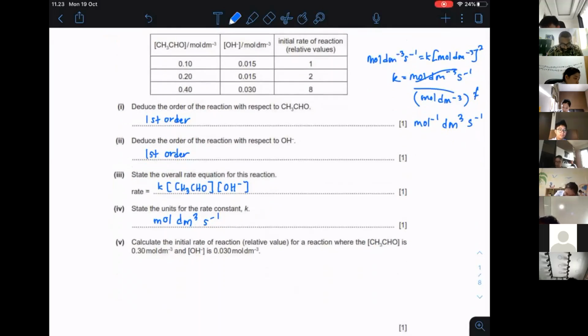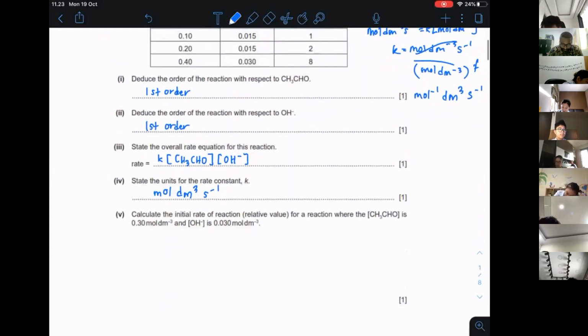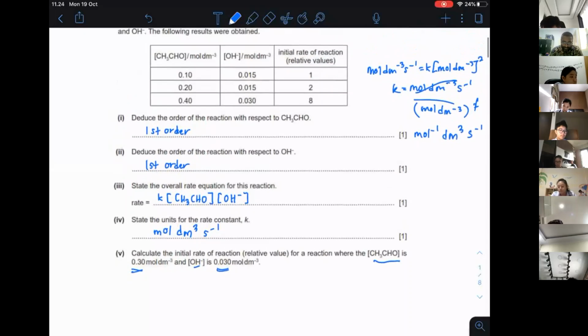Calculate the initial rate of the reaction, relative value, for the reaction where CH3CHO is 0.3 and then OH minus is 0.03. So they say relative value, using these values.